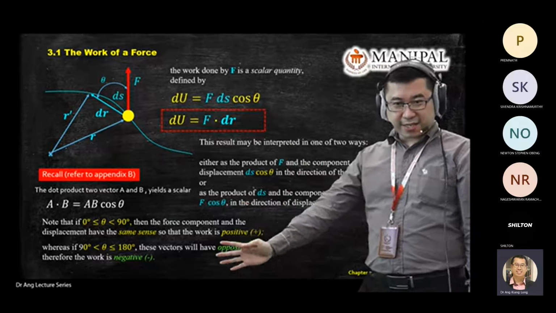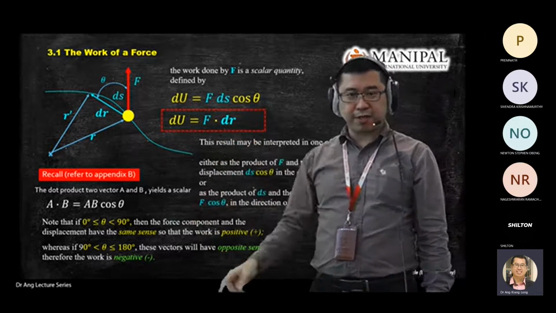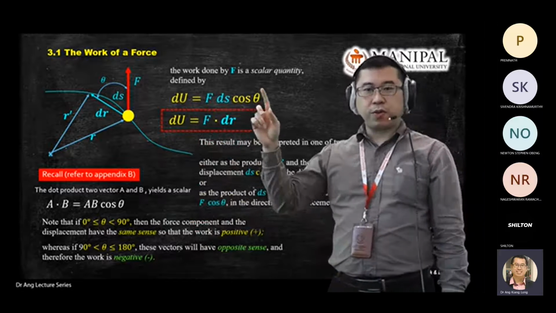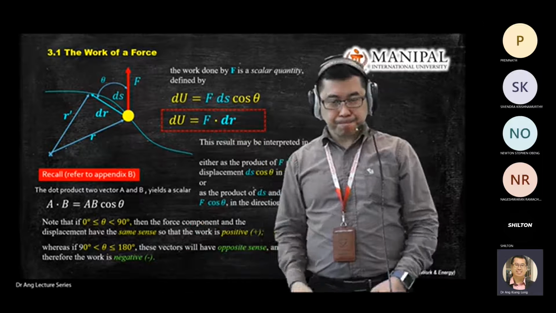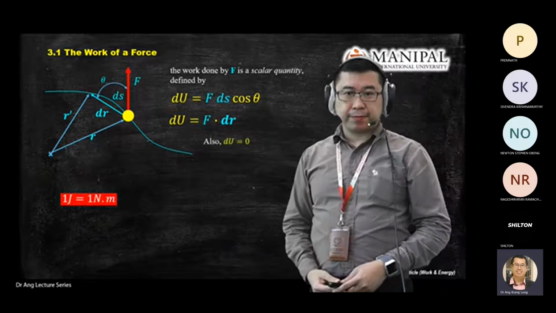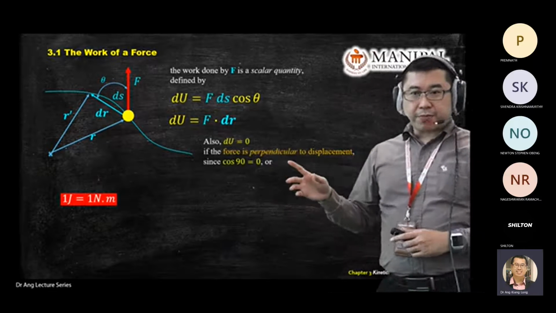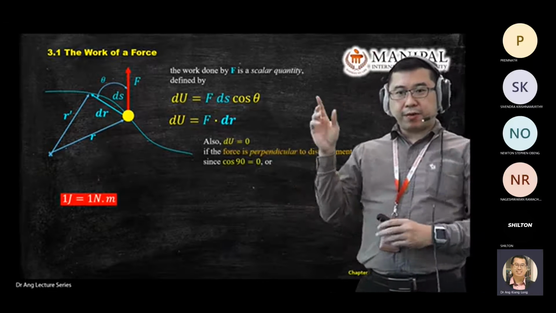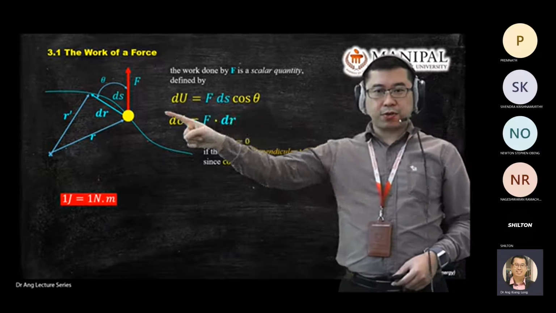It's important. Try to understand the positive and negative meaning of your work. Work is linked with force and displacement. Okay, so I already explained what happens when the force and displacement are at 90 degrees. This one is 0, so you don't have work.